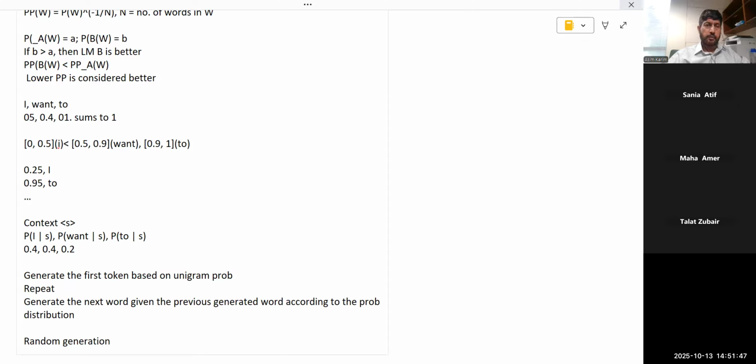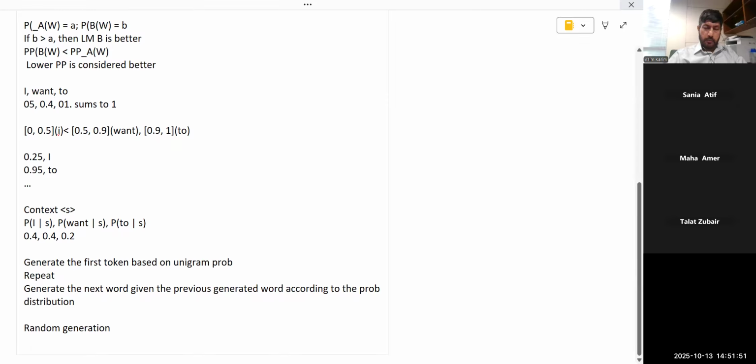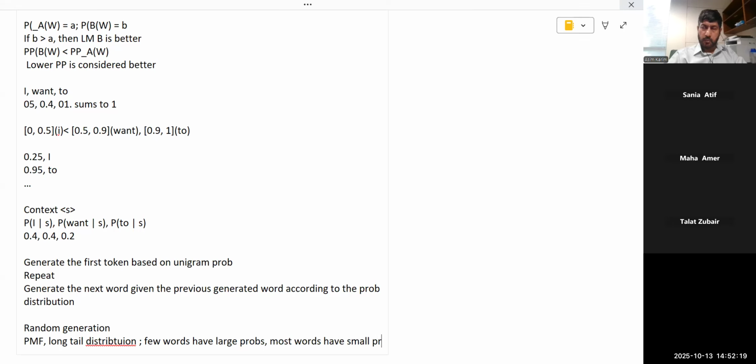So one of the issues with this random generation is that these probability mass functions or distributions usually have a long tail distribution. What does this mean? Means few words have large probabilities, most words have small probabilities.